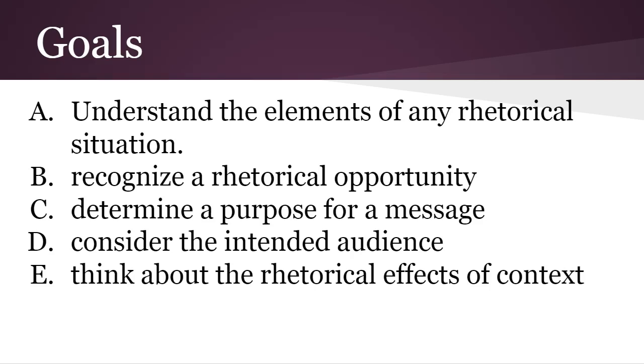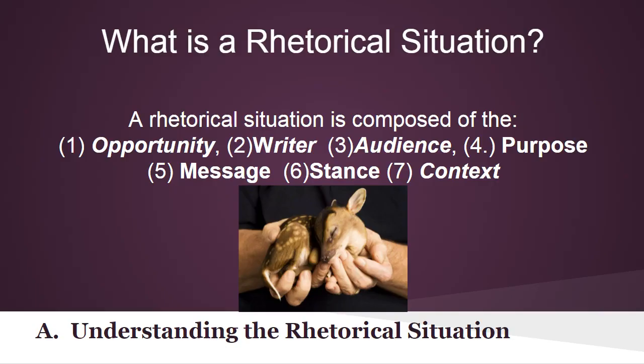And then E, you'll need to think about the rhetorical effects of context. We're going to talk about context a little later in the Google Doc. So, what is a rhetorical situation? Well, the great thing about a rhetorical situation is it's composed of several parts. You have 1, the opportunity. 2, a writer. 3, the audience. 4, a purpose. 5, the message. 6, a stance.